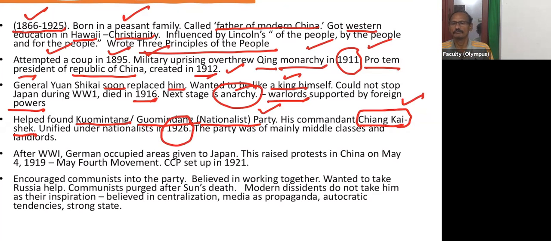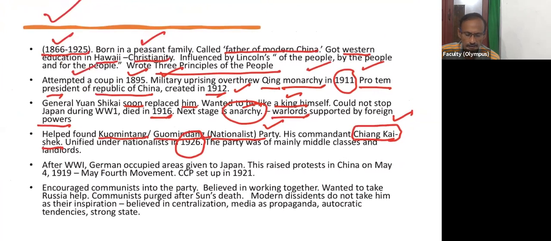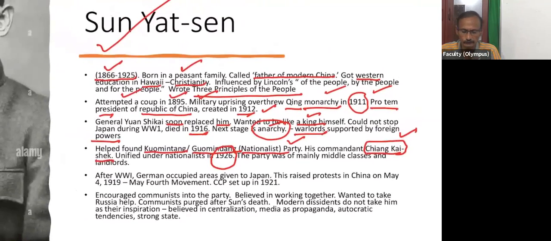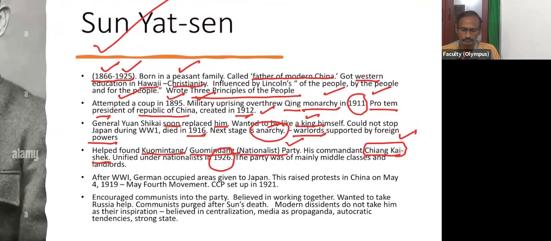But Sun Yat-sen died by 1925. So he didn't see the unification. So in this context, what was his party? And then what was some other party which would finally come to power? That was the communists.